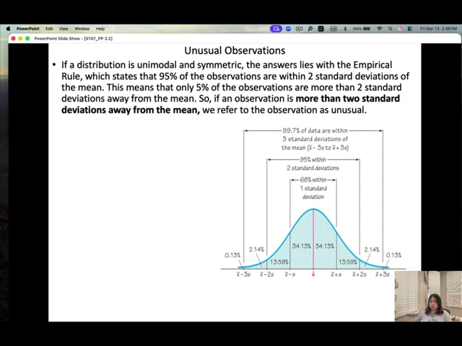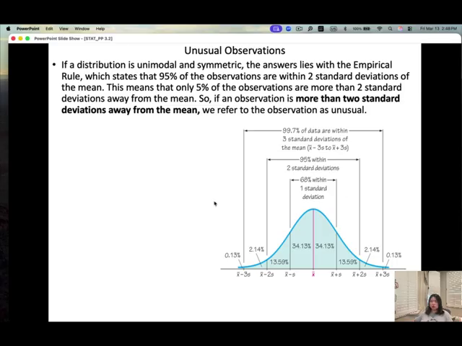Unusual observation. The empirical rule helps us identify when a data value is typical or unusual in a distribution that is approximately normal. Remember the empirical rule: 68% is within 1 standard deviation, about 95% of the data is within 2 standard deviations, and 99.7% of the data fall within 3 standard deviations.